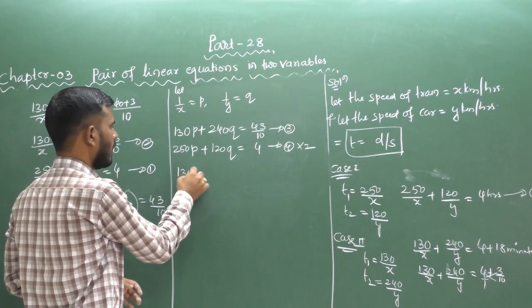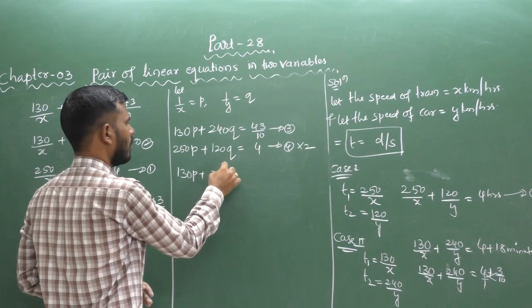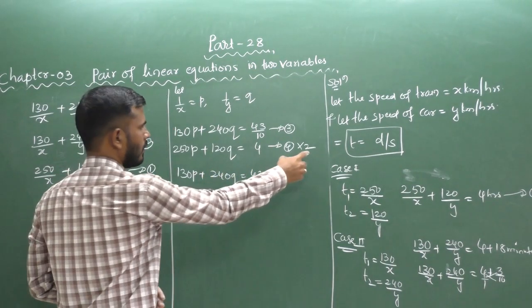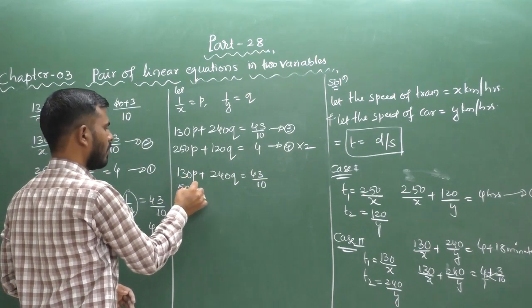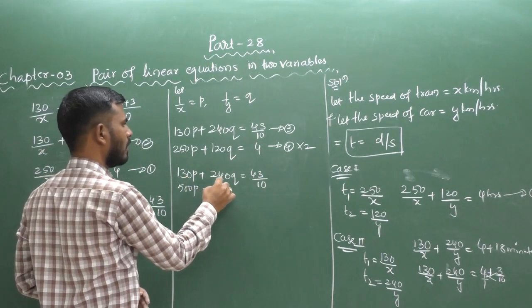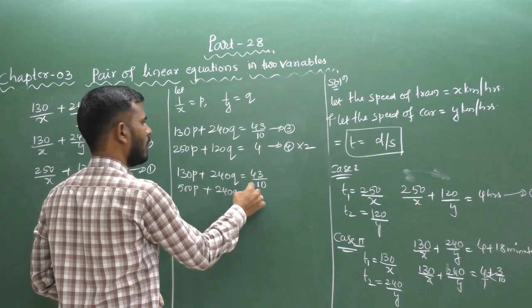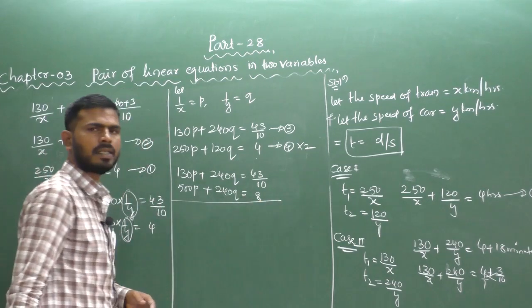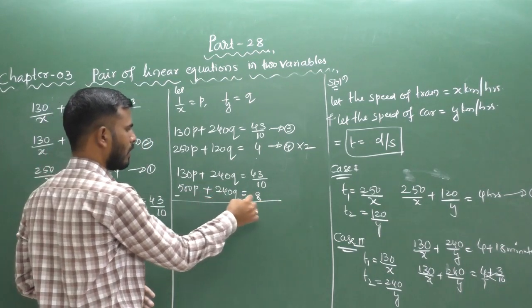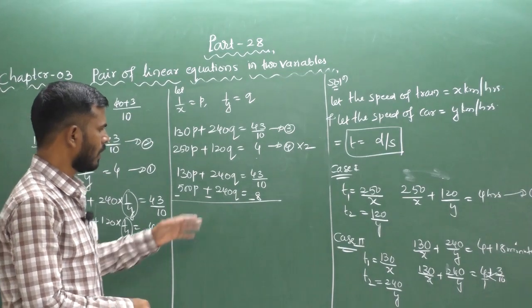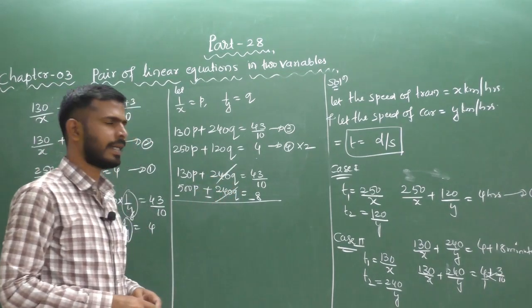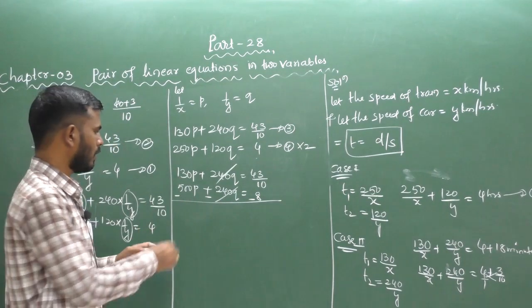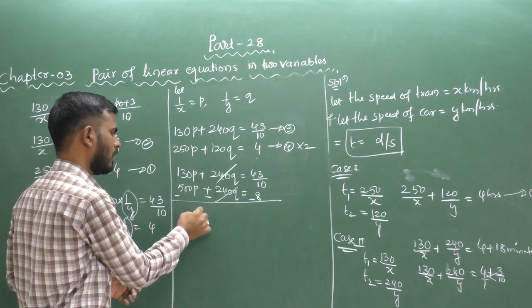So 130p plus 240q equal to 43 by 10, and 500p plus 240q equal to 8. Next you simplify, subtracting: 240q minus 240q gets cancelled. So 500p minus 130p, we will get how much?